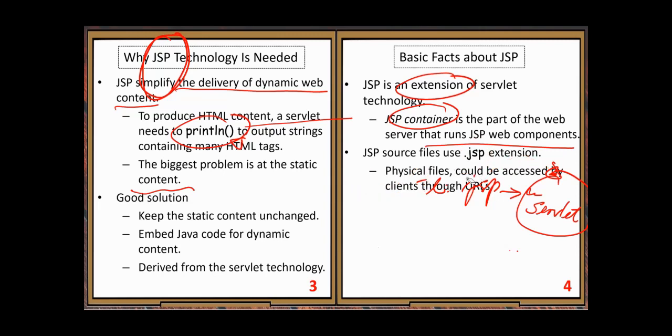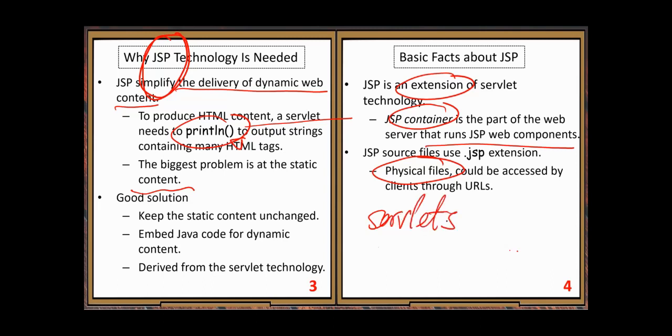Next, JSP files are physical files. So you can see them. You can find these files inside your web application. Here I emphasize physical files because think about when we do servlets. The servlet physical file is hidden from the users, right?